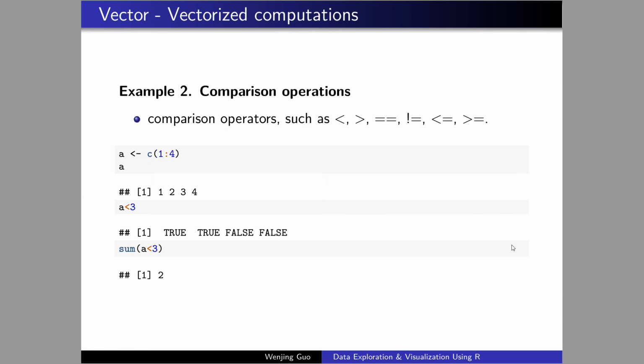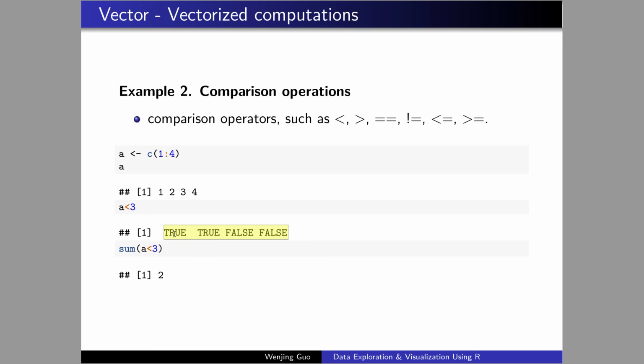R has some comparison operators, such as less than, greater than, equal to, not equal to, less than or equal to, greater than or equal to. For example, vector A has 4 elements, 1, 2, 3, 4. We would like to check whether each element in the vector A is less than 3. We can use this R command, and R returns this output.